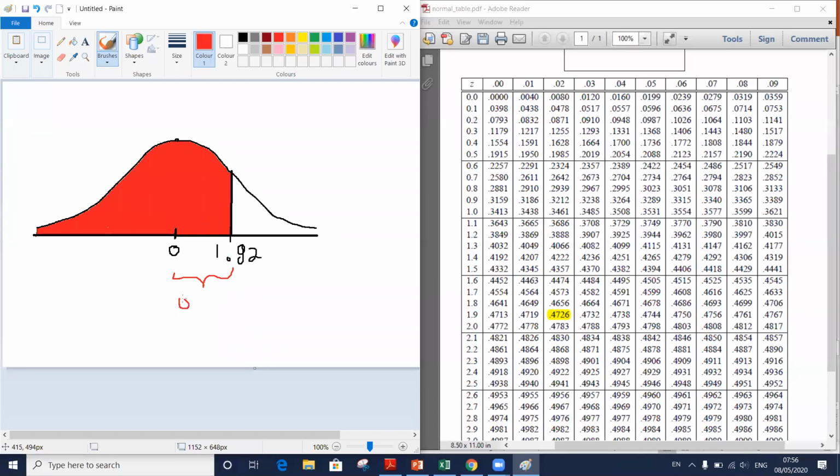Right? Here the probability is 0.4726. The area or probability for this portion is 0.4726. Then if it is left of Z equals 1.92, what is the area, or what is the total probability?